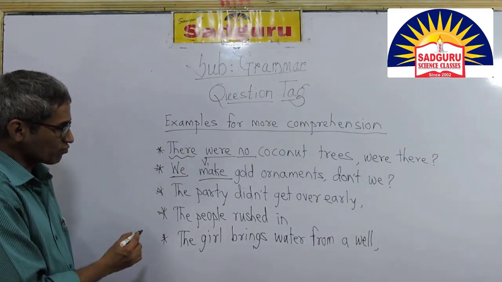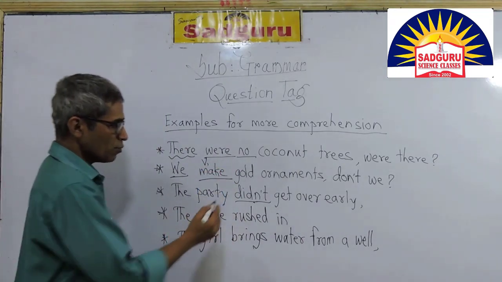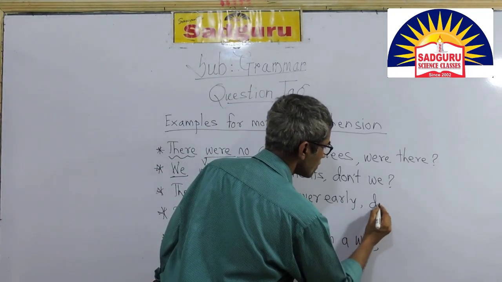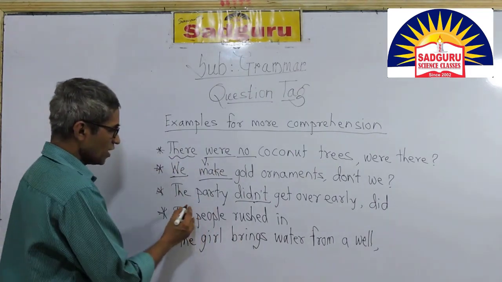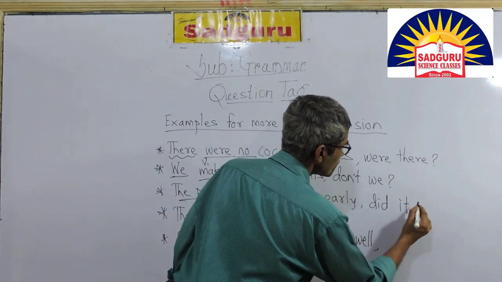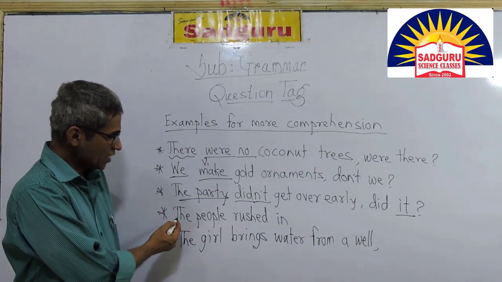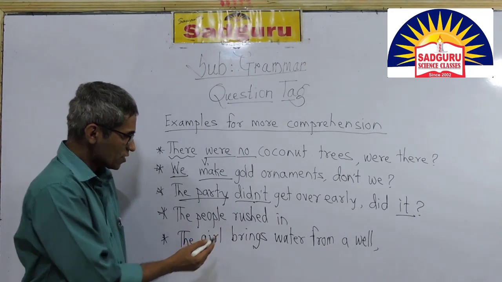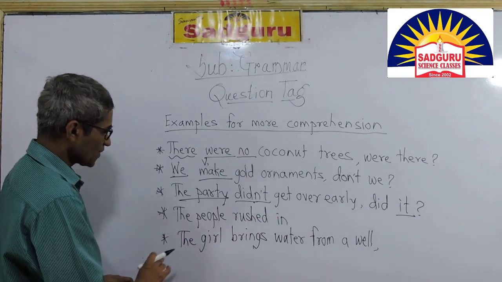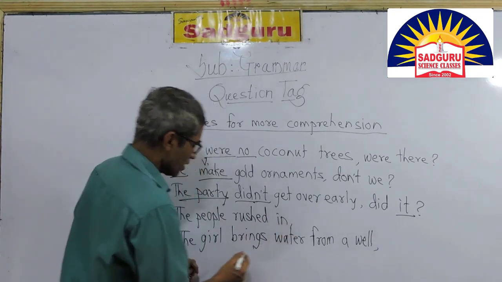The next one, the sentence is negative, you know this, so the question tag will be positive. Take the auxiliary did and the subject party, singular noun, so the pronoun is it. In the next sentence, the people rushed in.